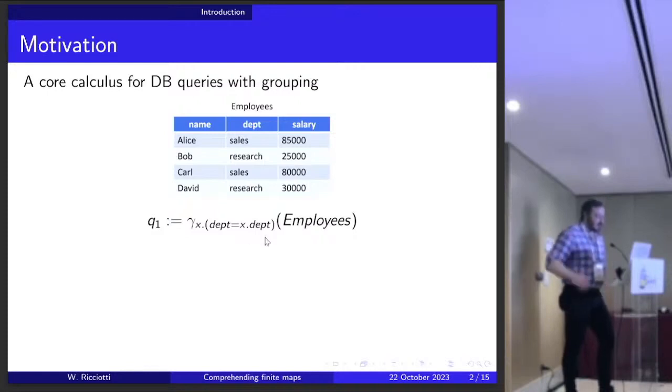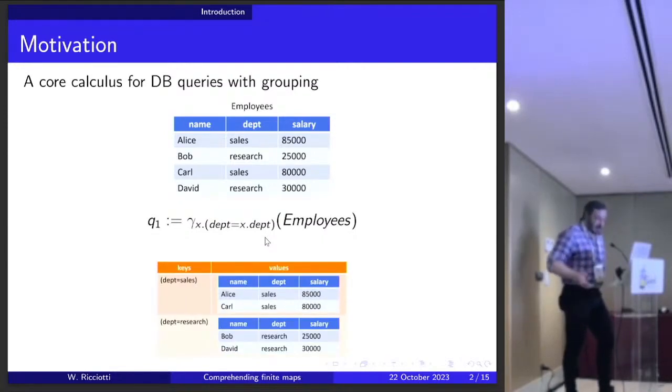And what is the result of this operation, again, from a functional programmer's perspective? Well, here you have it already. It's a finite map, which is, in particular, the map that associates to each grouping key the subrelation of those tuples that match the grouping key. So for the grouping key department sales, you have the portion of the table of those employees that belong to the sales department.